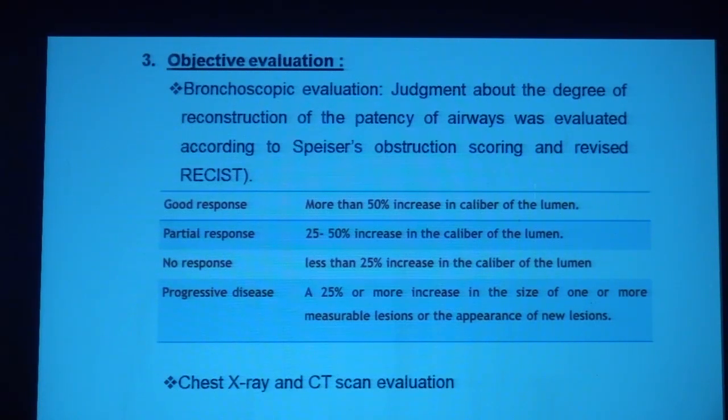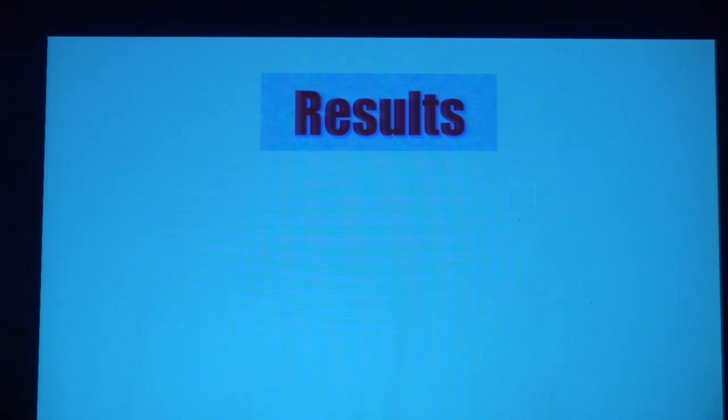Good response, partial response, no response, or progressive disease, according to the equation: more than 50% increase in the caliber of the lumen is called good response. Partial response is 25 to 50% increase in the caliber. Less than 25% increase in the caliber of the lumen is called no response, or progressive increase in the size of the endobronchial tumor, more than 25%.